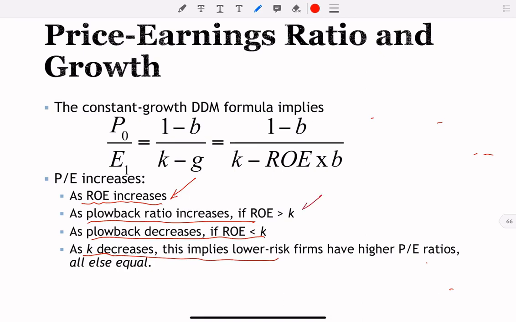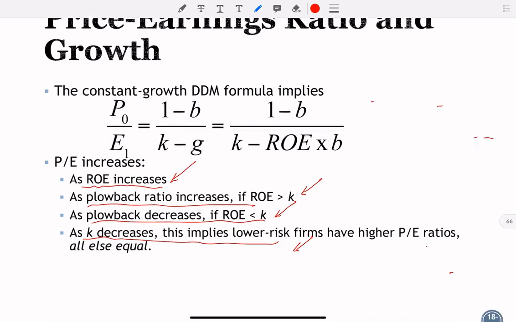The second says that if the firm is investing more money into efficient projects, then the firm's PE ratio should increase. The third result says if the firm is investing less money into inefficient negative NPV projects, then the firm's PE ratio should increase. And the fourth result says that if a firm's risk is lower, then it should have higher PE ratios.